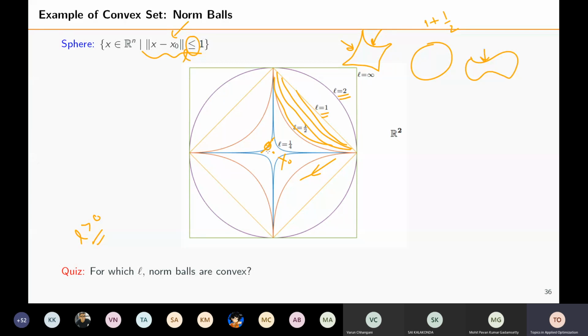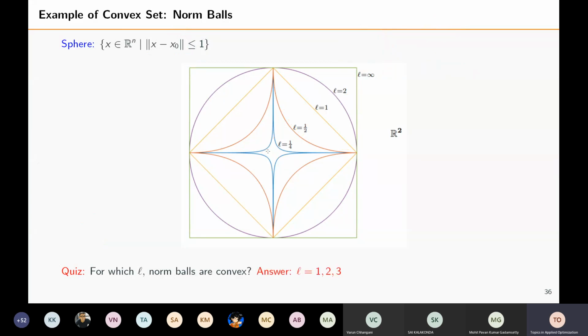Now let us continue. L equal to 1, 2, 3, dot, dot, dot, because it can go up to infinity. L equal to infinity is also a valid norm. You can wonder what the L infinity norm is.